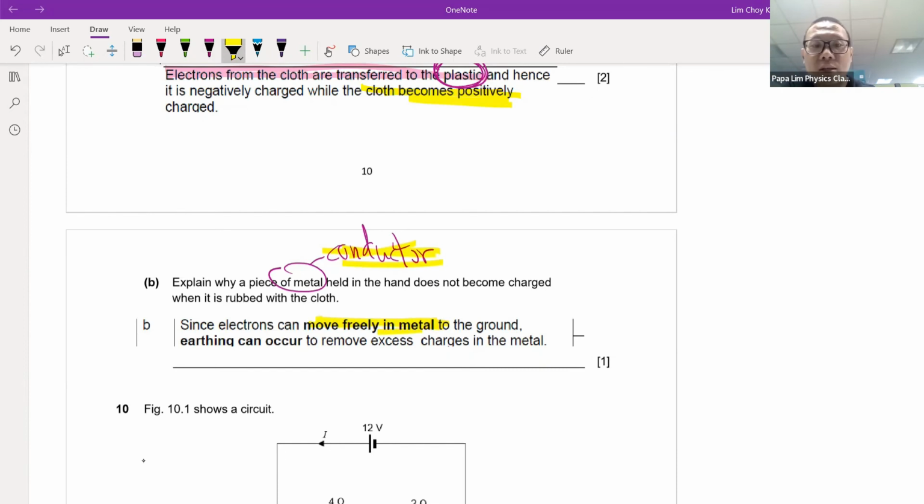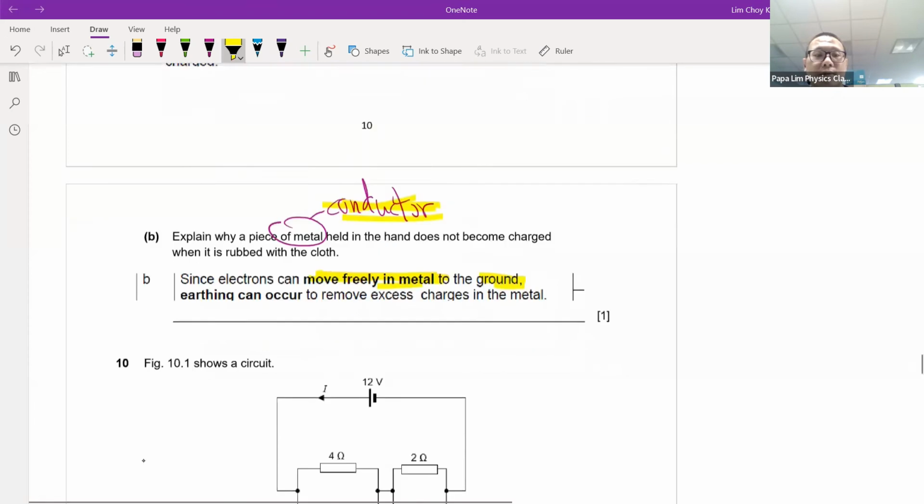It can move such that it can flow down from the metal object to the ground, or what we call the earth. So any excess electrons that I pick up will pass down to the ground. It will be discharged straight away. As a result, the metal rod will not be charged, because all the charges on the electrons will flow out of the metal bar.